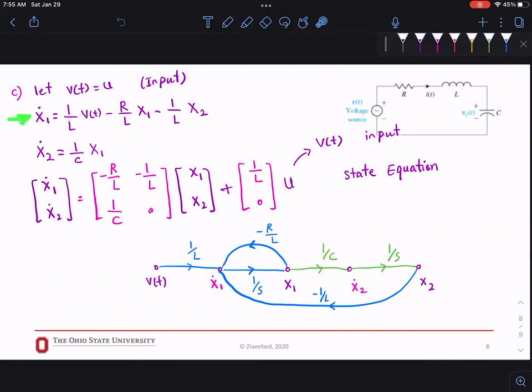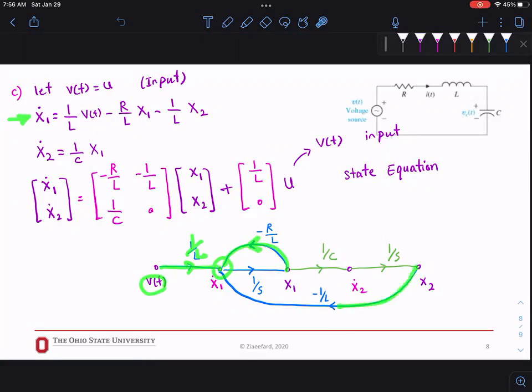Now that we have all of our nodes, we will start building the equations. I start building x dot 1. So x dot 1 becomes Vt times 1 over L. So this is Vt, 1 over L. Then the next term is negative R over L times x1. So this is x1, negative R over L. You see that I just put the negative in the gain. And then the third is negative 1 over L times x2.